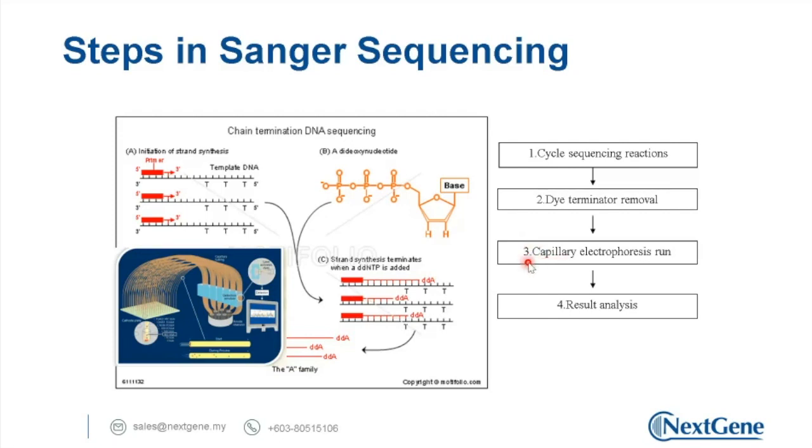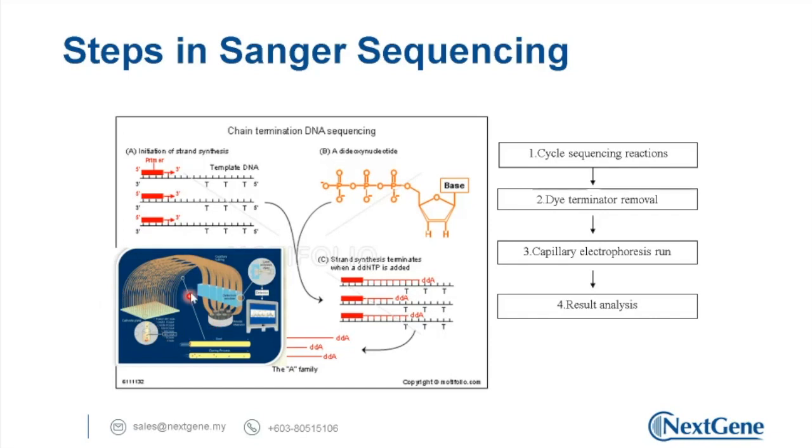And this particular machine is using a technique called capillary electrophoresis. So basically, it's not so much different from the conventional gel electrophoresis that we are using in the lab. Just that instead of using one piece of gel, we are here using capillary gel. The difference, as shown in this diagram here, is that the gel is contained inside a tiny line.